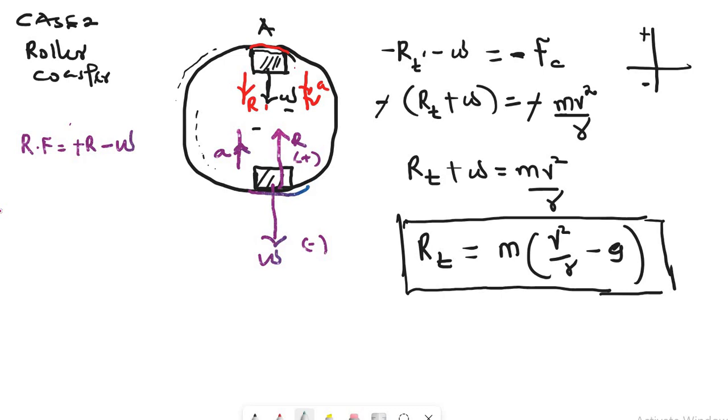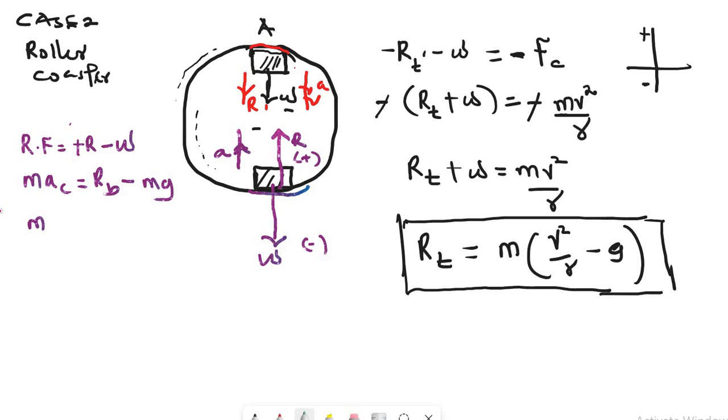Resultant force is mass times acceleration, so reaction at the bottom minus the weight mg.